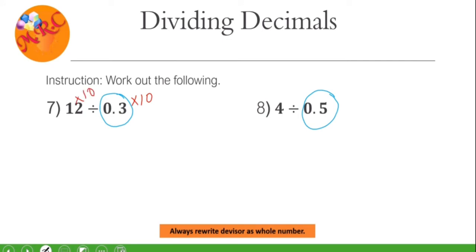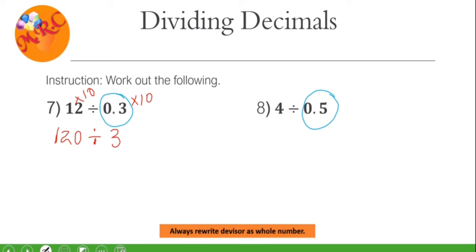So now I'm going to get new numbers to work with. The first one is 12 times 10, which is 120. And then the second one is 0.3 times 10, which is just 3. Good.